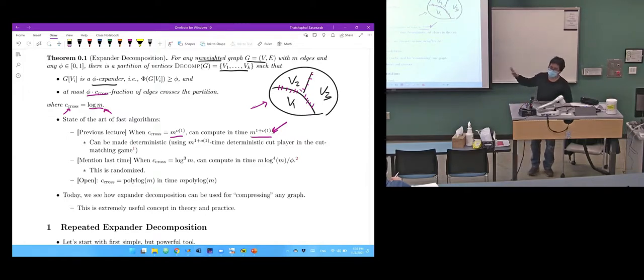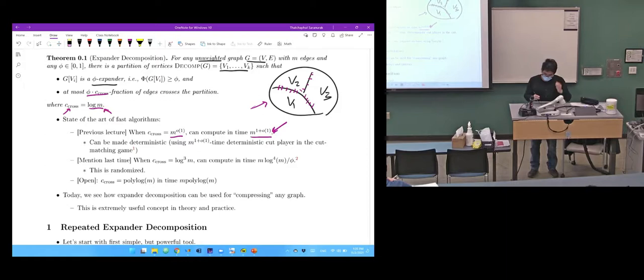For the matching player, that is either a phi sparse cut or an embedded matching. You can call approximate max flow, and the assumption is that there is a fast approximate max flow. But by the end of this course, we will actually show how to do that. Right now, I just said that you can do it.